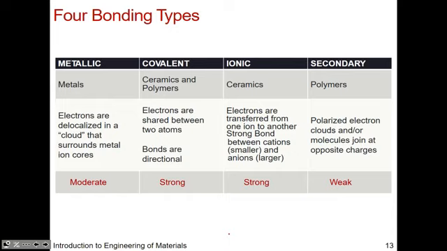Ionic bonds occur in ceramics, and they're transferred. In order to form this bond, you need an electron transfer from one ion, the cation, to the anion. The bond is strong, and they occur between the smaller atom, typically the cation, and the anion, which is typically the larger ion.